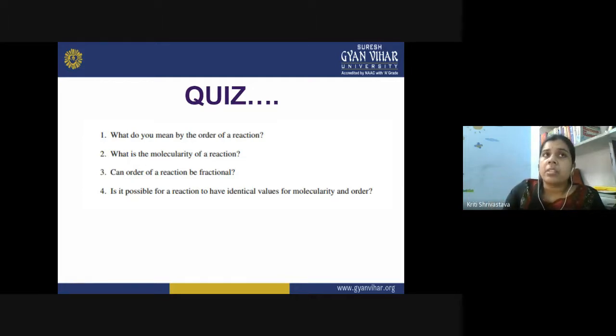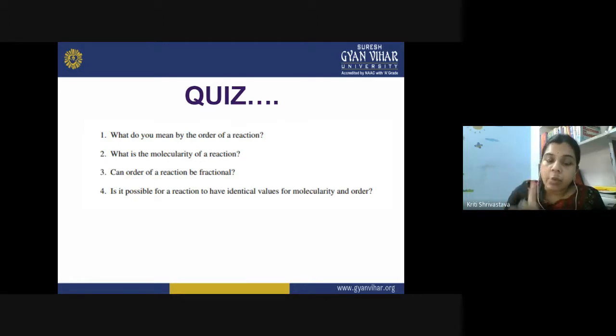If some fractions are there, we multiply them with a suitable number and get all the quantities in whole numbers. So molecularity cannot be fractional, but the order of the reaction can be.